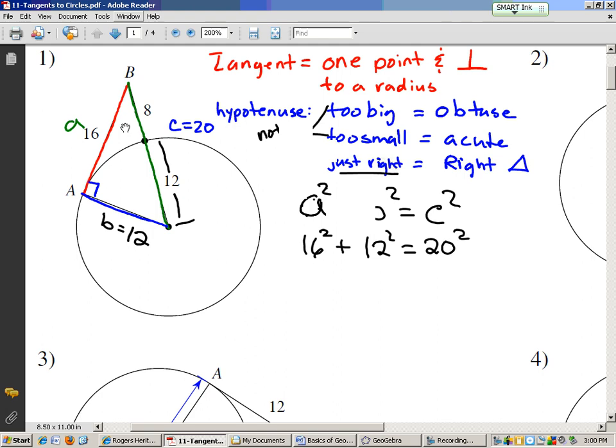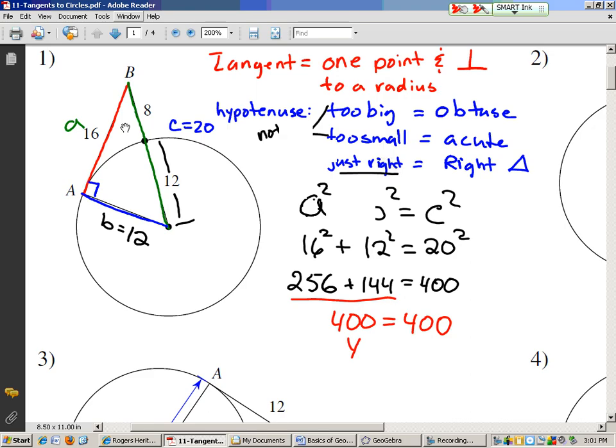And we need to plug in and see if this is going to work. It will work. We're going to get 256 plus 144 equals 400. That's equal to 400.